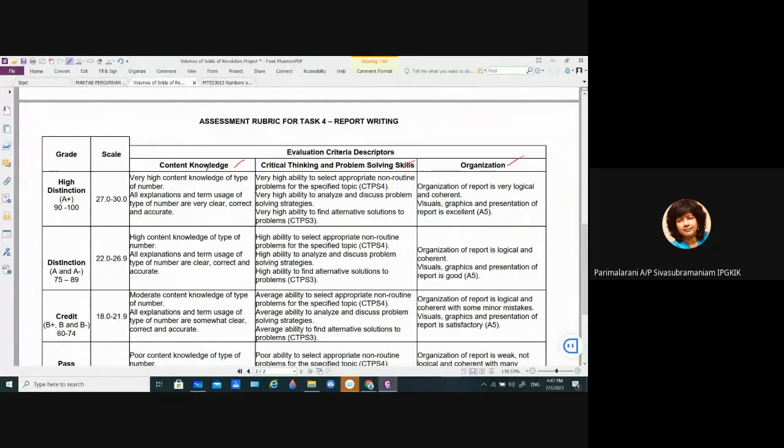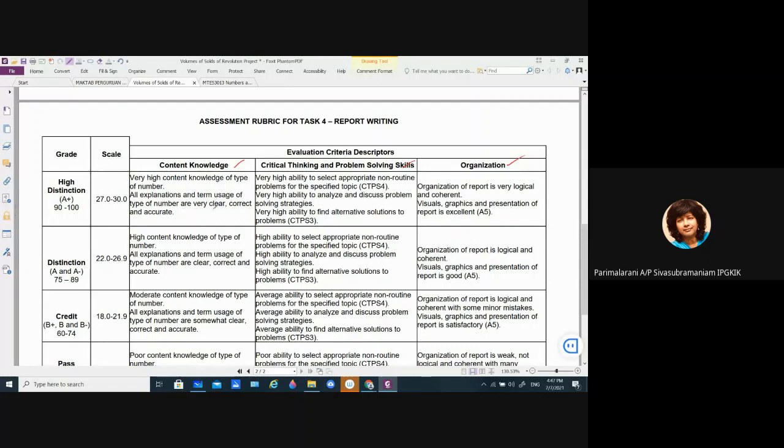That is organization. For content knowledge, we want to see that you have very high content knowledge of the type of number. If your problem is on rational numbers, then all your calculations must be correct. Then we know that you understand rational numbers. All explanations and term usage of the type of number are very clear, correct, and accurate.